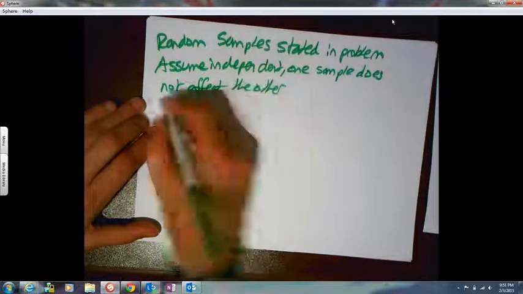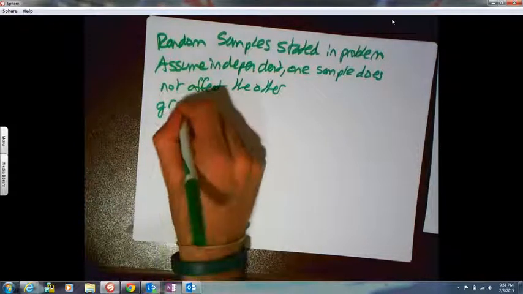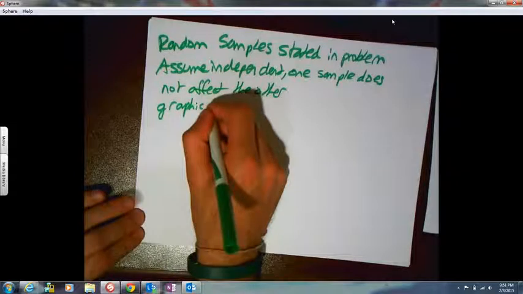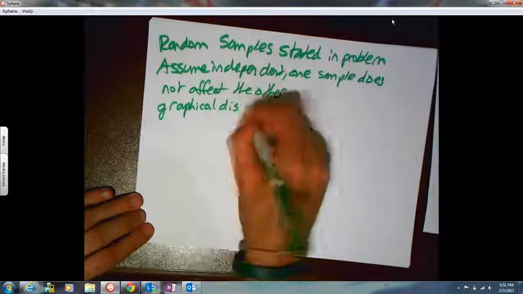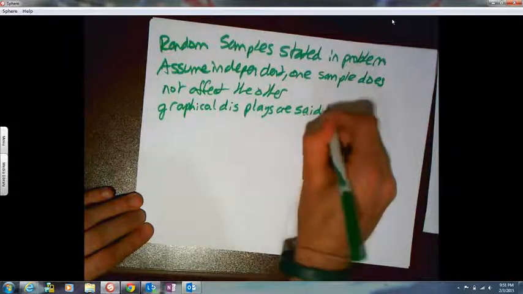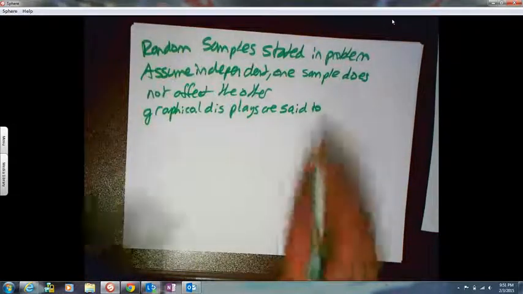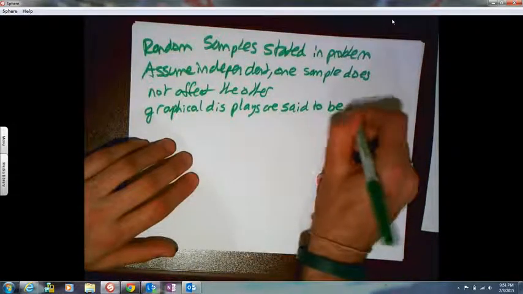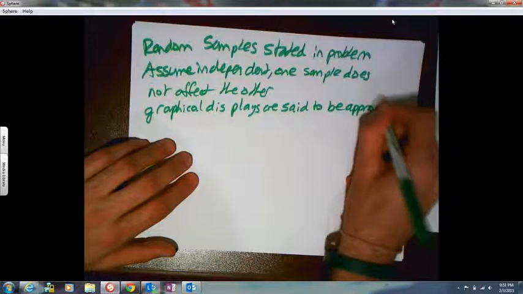And graphical displays. Notice it says that the graphical displays indicate the assumption of normality is not unreasonable, so they are said to be approximately normal.